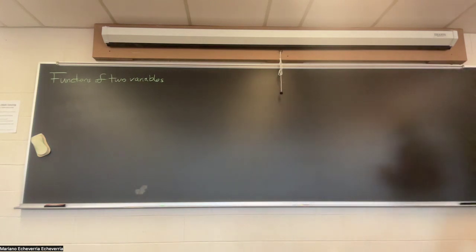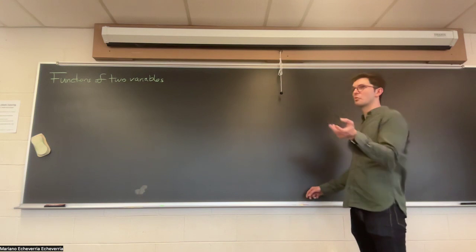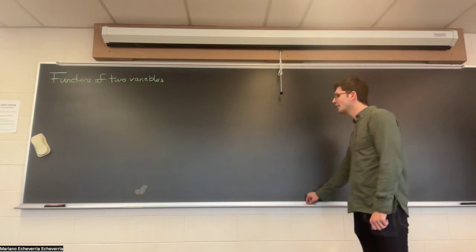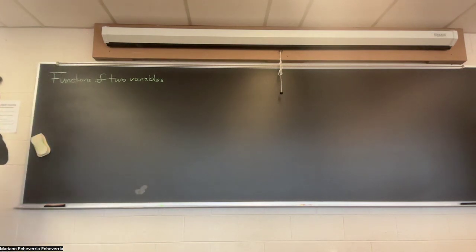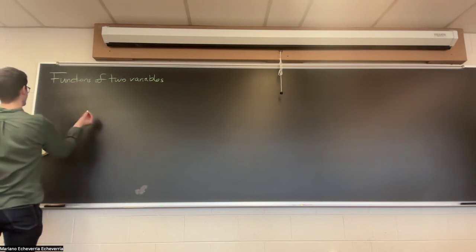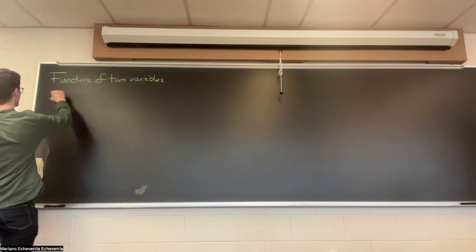So the first thing that we need to discuss is what functions of two variables are, because there are some interesting things that happen with respect to functions of one variable. So let's just remember, as a reminder, what are functions of one variable?